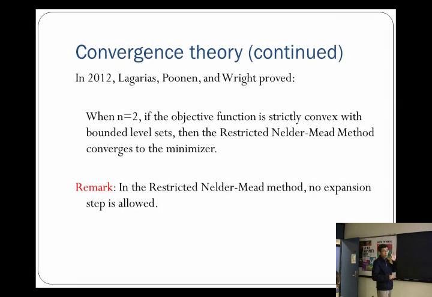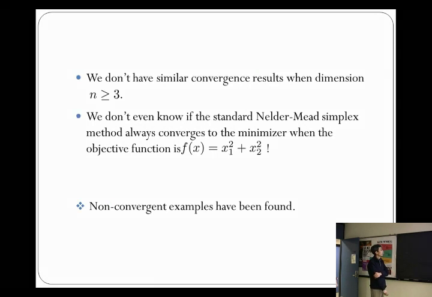Remember, we have 4 operations: reflection, expansion, contraction, and shrinkage. In this restricted method, we have no expansion step. Under this situation, they were able to prove convergence results like this.